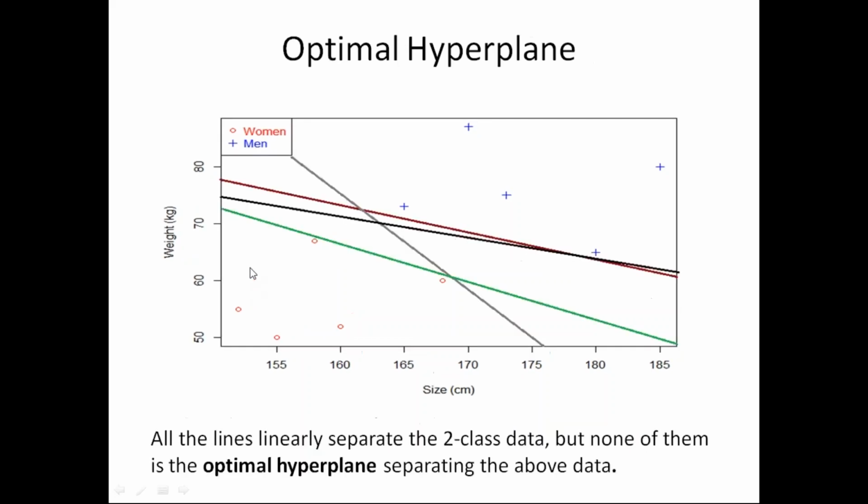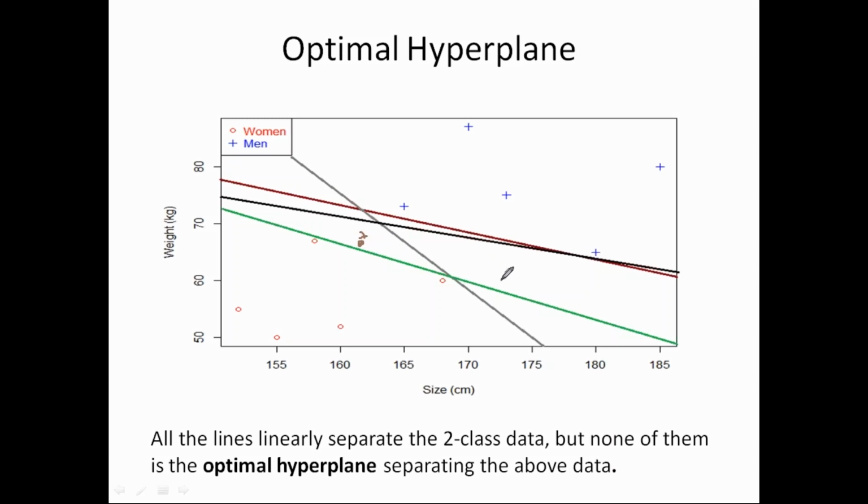Now, all these 5 lines are able to separate it, this green line is also able to separate it, but it is not optimal. It is more biased towards the plus. Let's say there is a data point here. This green line will say that this is a plus.